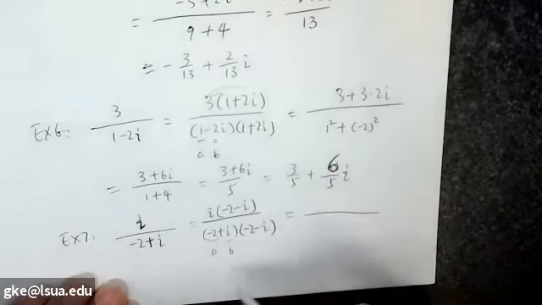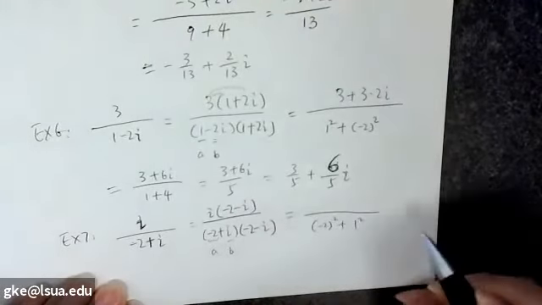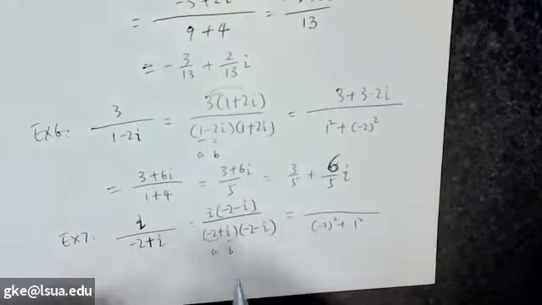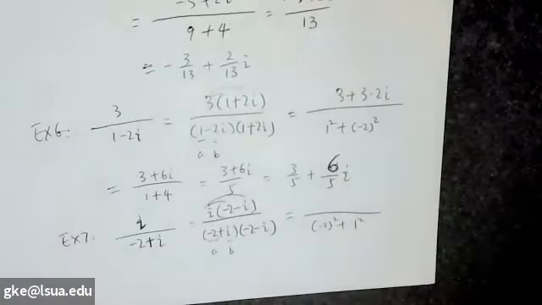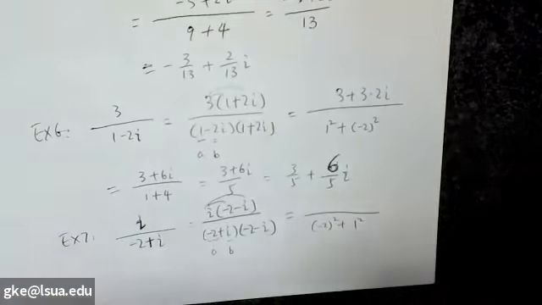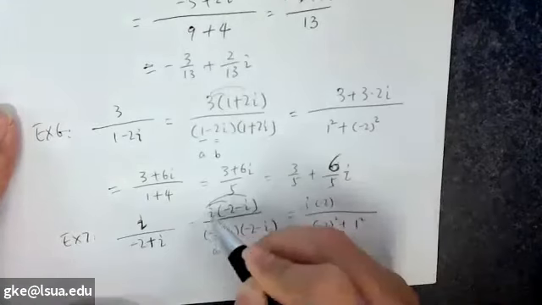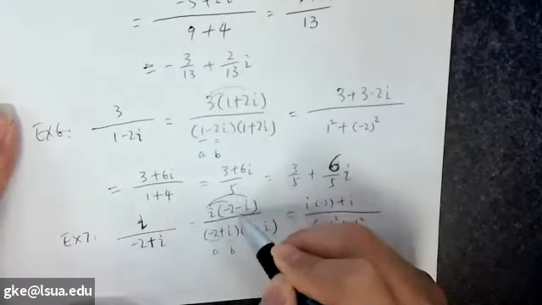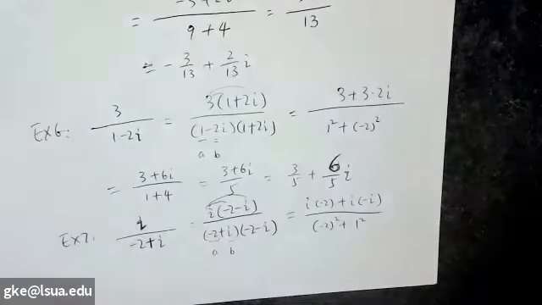What is B? A is -2, so -2 square plus 1 square. And for the numerator, it's going to be a distribution, right? We did it a lot of times before. i times -2 plus i times -i. Right? Distribution.